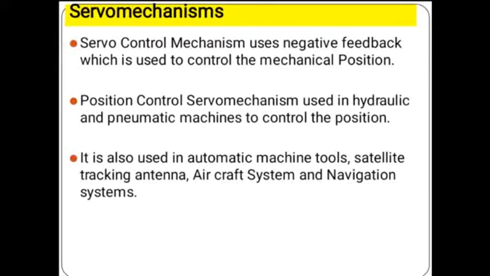It is also used in automatic machine tools, satellite tracking antennas, aircraft systems and navigation systems. So the servo mechanism is used for the precise control of the position, or the angle of rotation. This is the controlling due to the servo mechanism.